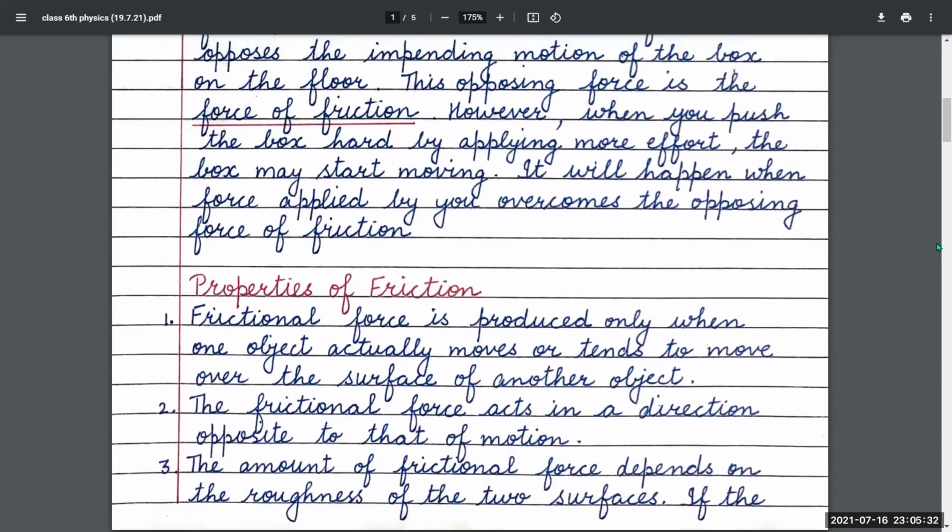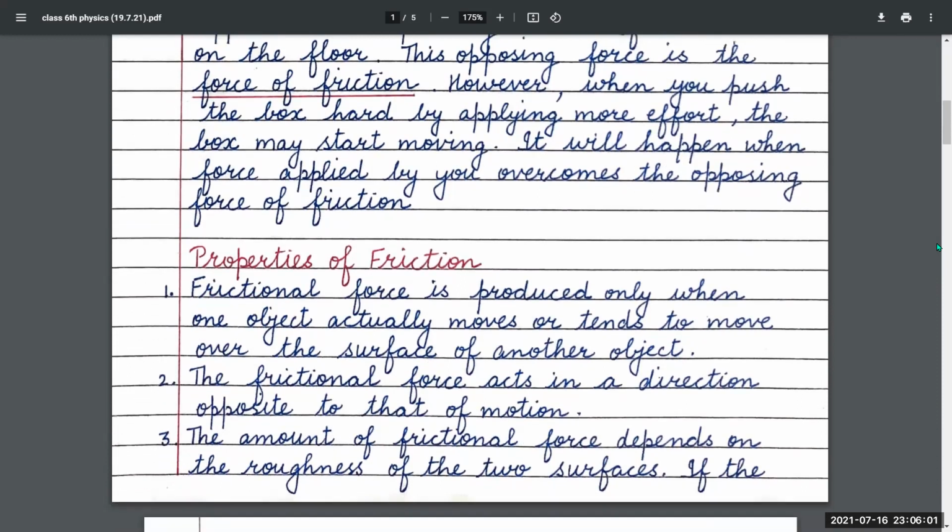Now let us discuss the properties of friction. Frictional force is produced only when one object actually moves or tends to move over the surface of another object. It acts in a direction opposite to that of motion.